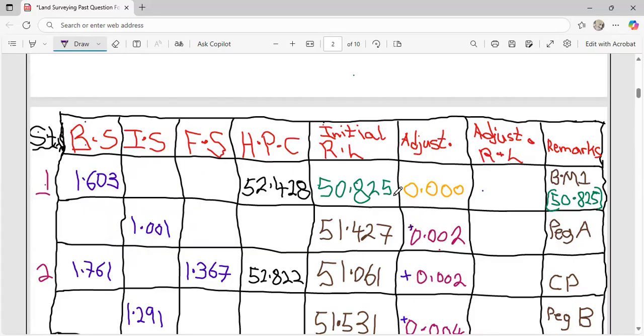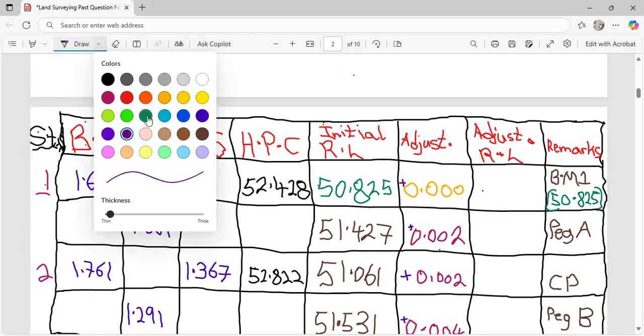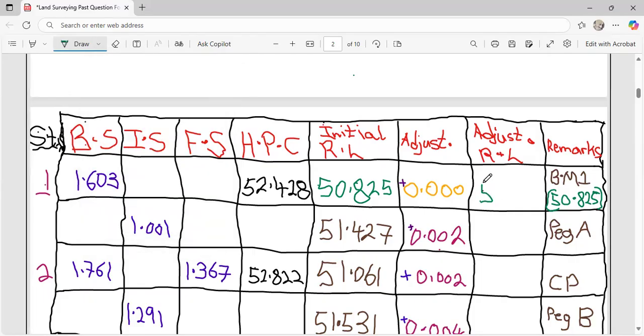At the end of the day, if you add 50.825 plus 0.000, you are still going to get the same answer. So you realize that this is still 50.825.